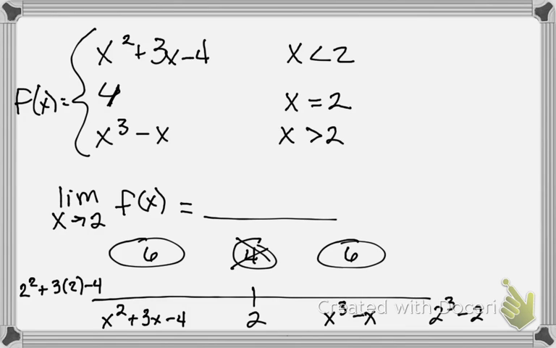So they both approach 6. What is the limit? 6. So at 6, your graph has got a hole in it, but both those curves approach 6, and then f of 2 is actually 4. So it's kind of like those graphs that we did yesterday. Does that make sense? Yes. All right.